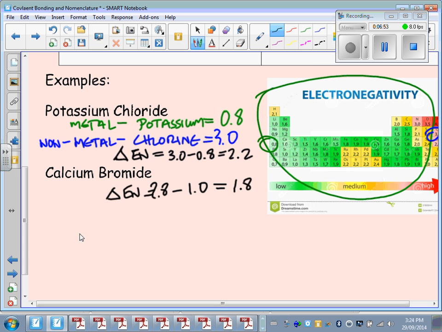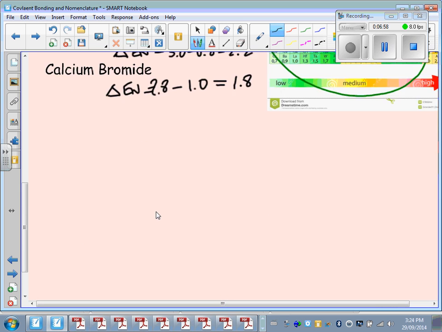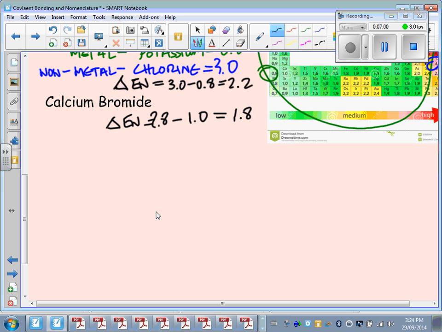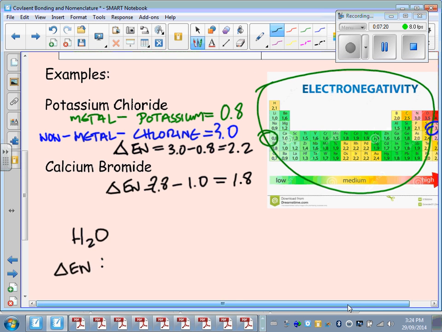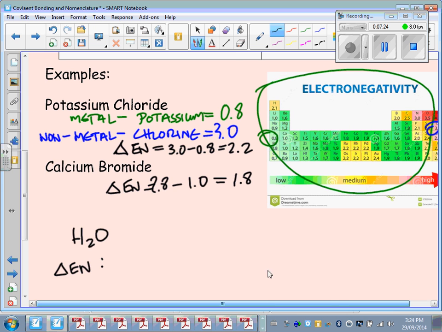So if we look at an example of a non-ionic bond, a covalent bond, let's take H2O. We look at the electronegativity difference. We also know that there are no metals involved, so it should be covalently bonded. Looking at our chart, we find that hydrogen has 2.1 and oxygen is 3.5.